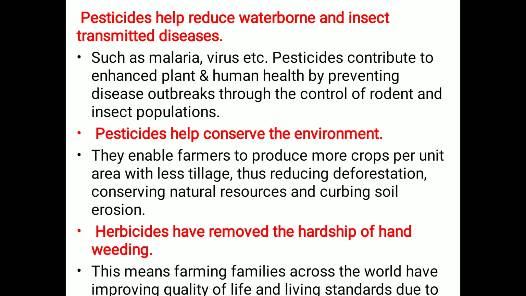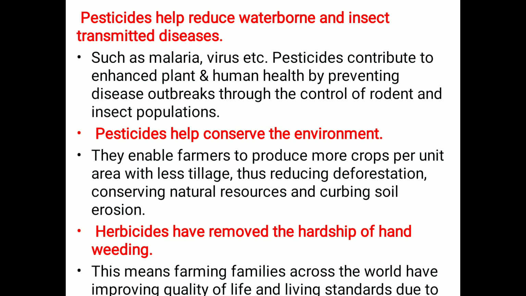Next, pesticide helps to reduce waterborne and insect transmitted disease. As we know, most of the viral diseases are transferred by insect vectors. A vector is nothing but an insect which transmits virus from an infected plant to a healthy plant.